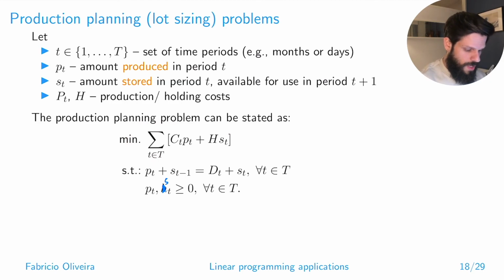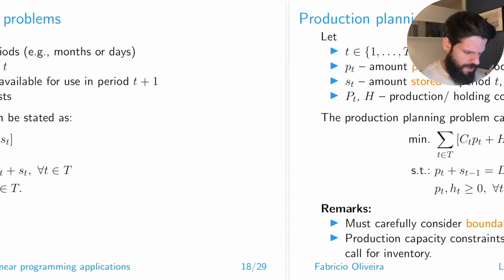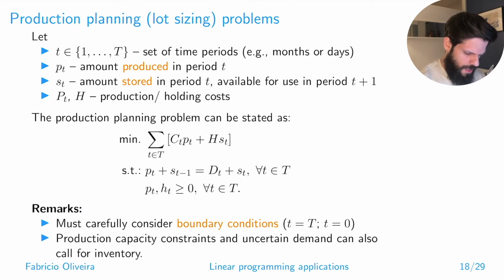Just as a remark, it might make sense to have inventory in some other contexts as well. So for example, when you have production capacity constraints, it might be that you're foreseeing a really large demand that you won't be able to satisfy immediately. So you might want to start production beforehand. Christmas sales is a big example of that.